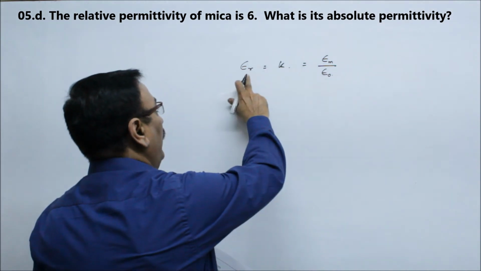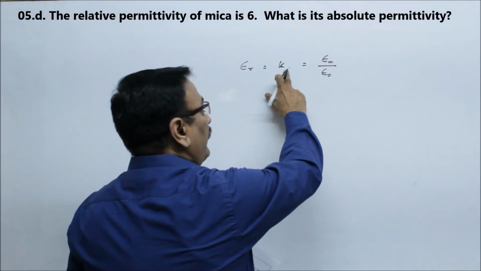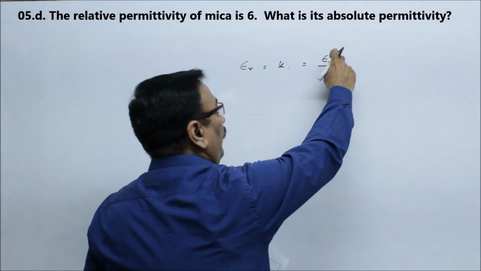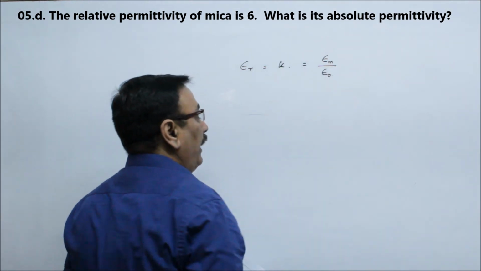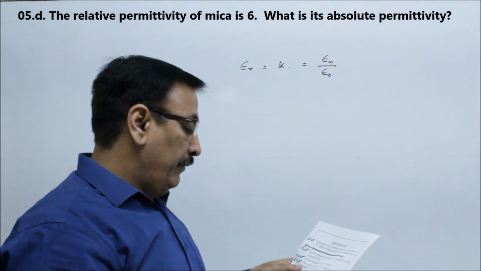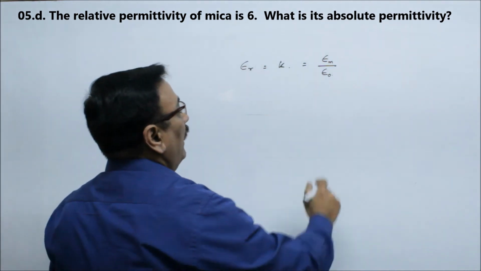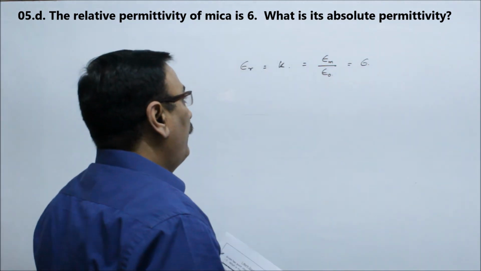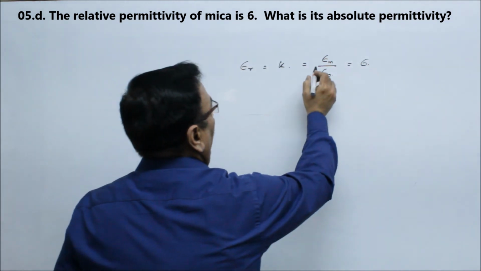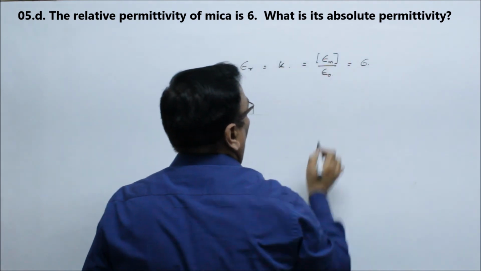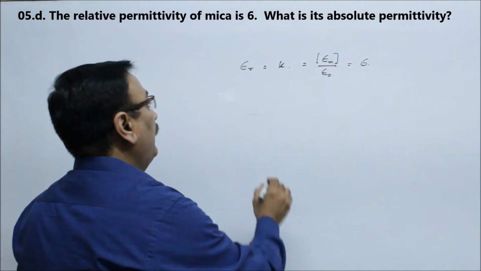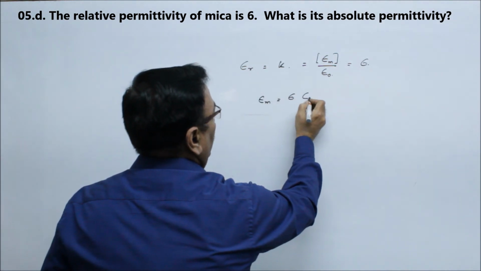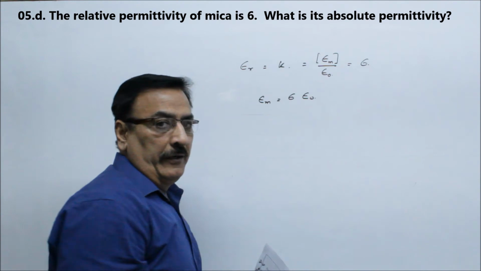This value they have told is equal to 6. Therefore, if we want to find the absolute permittivity of mica, permittivity of mica is equal to 6 times epsilon naught.